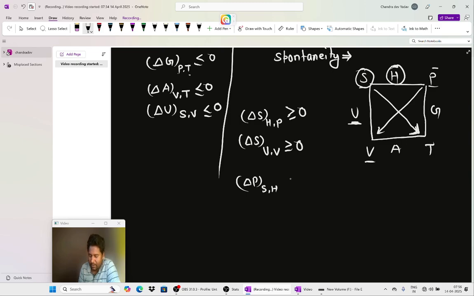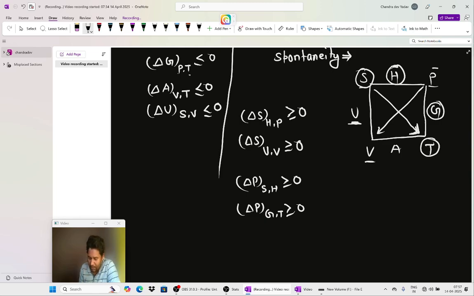This should also be greater than 0 because the arrow is going far away from pressure, isn't it? So the process will be spontaneous. Same for delta P at constant G and constant T, greater than or equal to 0, then the process will be spontaneous.